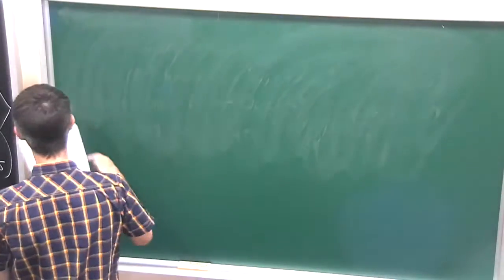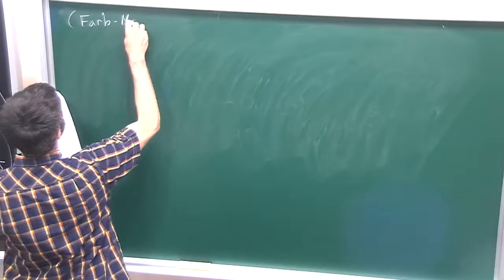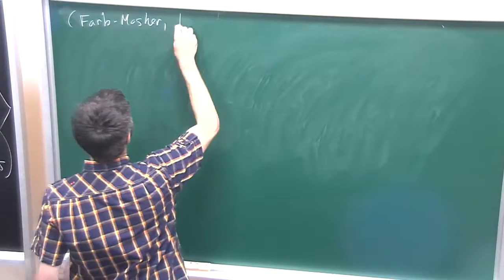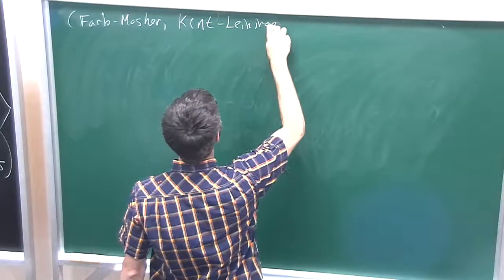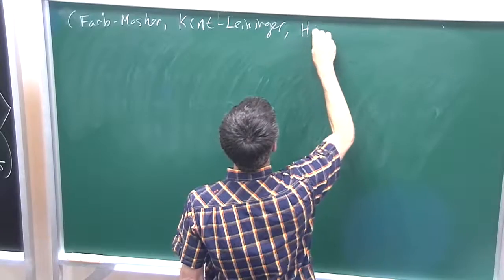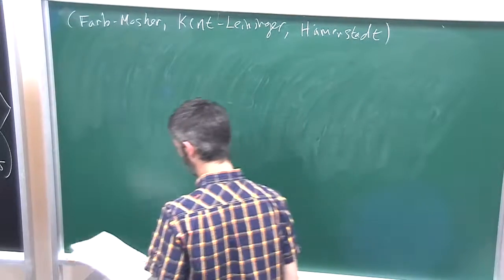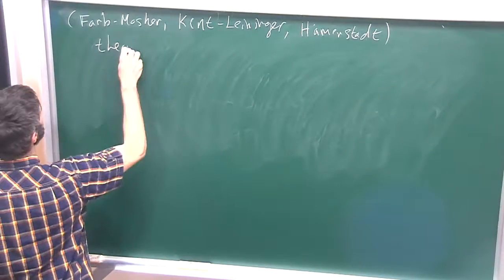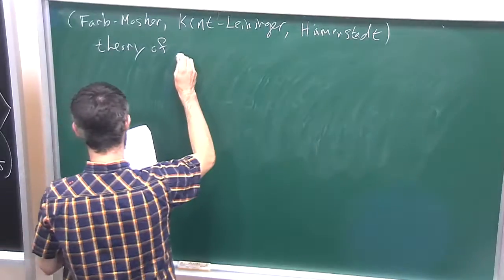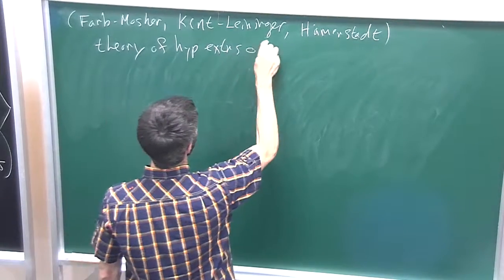There's now a general theory due to many people, Farb, Mosher, Kent, and Leininger, and to Ursula Hamenstädt. And other people have worked on these things too. And this is, let me just say, a general theory of hyperbolic extensions of surface groups.